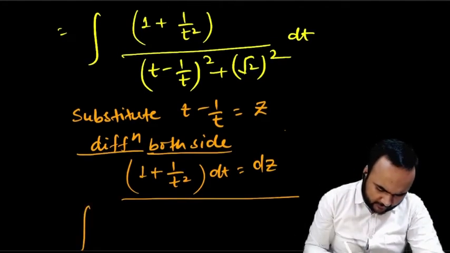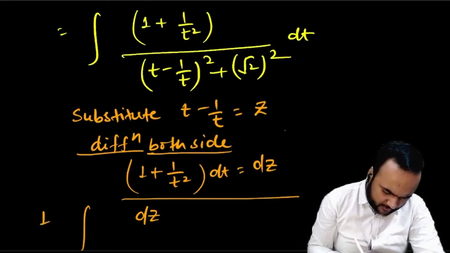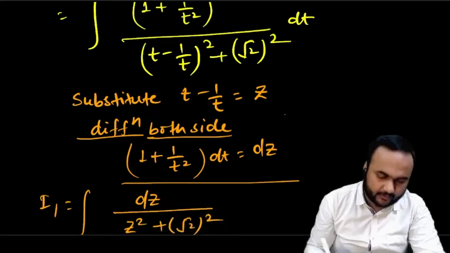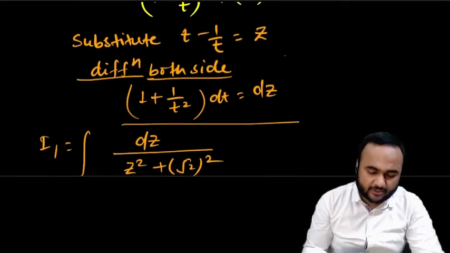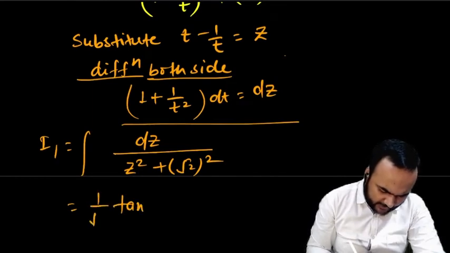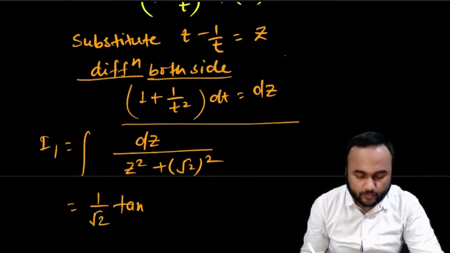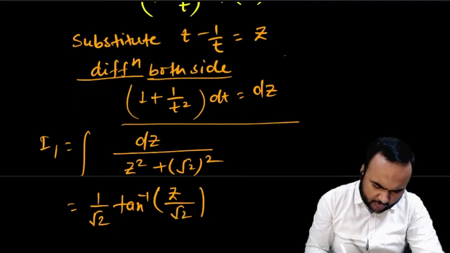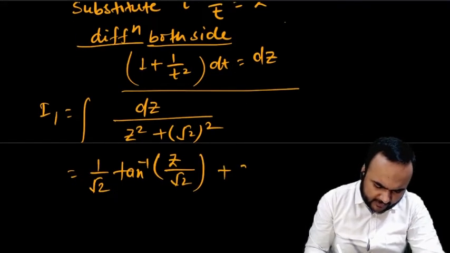So your integration I1 will become dz over z whole square plus root 2 whole square. Now, by the integration of a particular function, we know that the integration of this function will be 1 by a, which is 1 by root 2, tan inverse x by a. So in place of x, we have z upon root 2, plus c1.